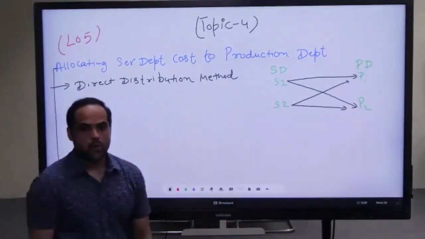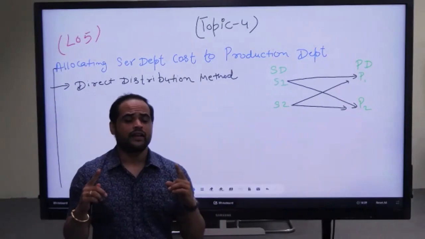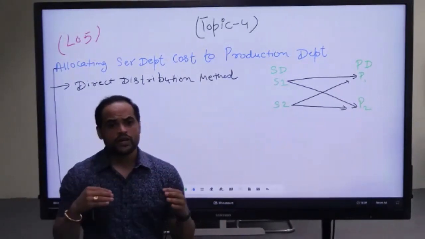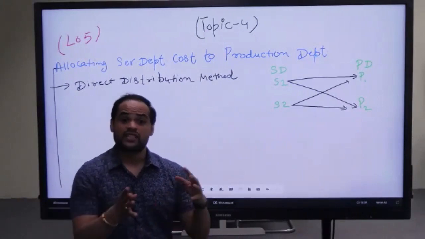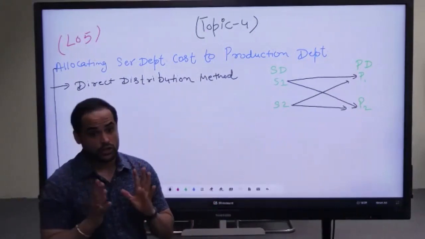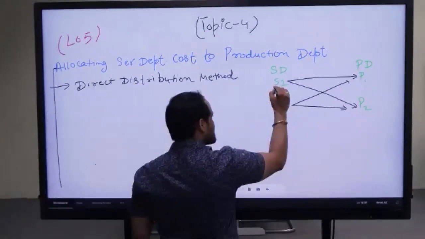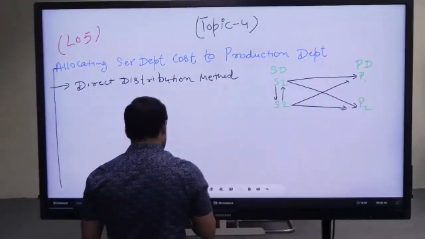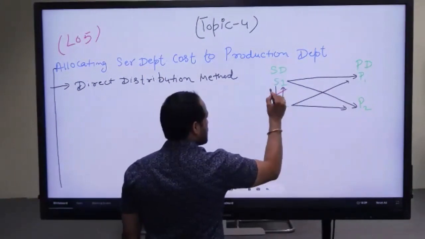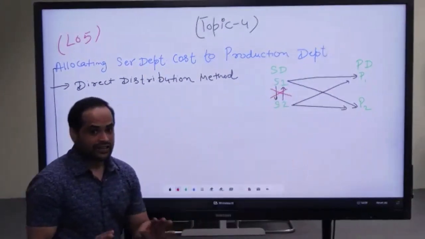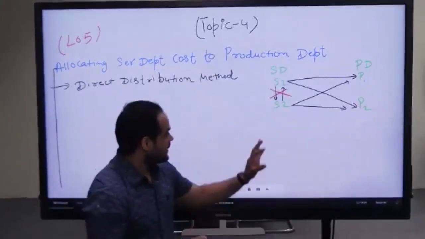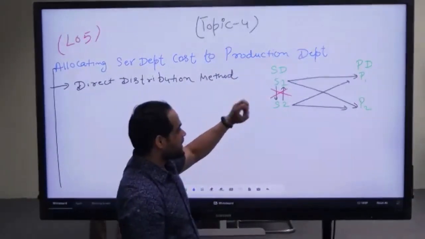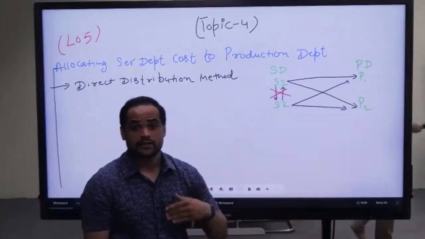There is no service transfer between service department 1 and service department 2, which means there is no situation or condition in which a service department is providing services to another service department.